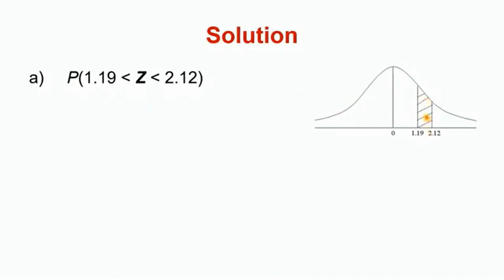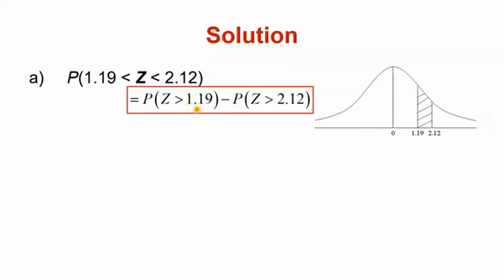How to find this area? In the table, we can find the area more than any value of Z. So first, I find the probability of Z more than 1.19, this area until infinity, and minus the probability of Z more than 2.12. The balance is my interval, the difference between these two areas.